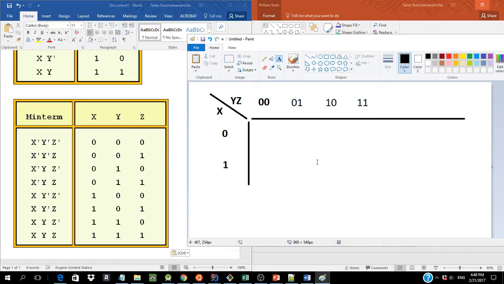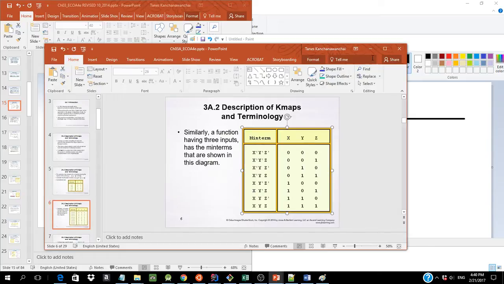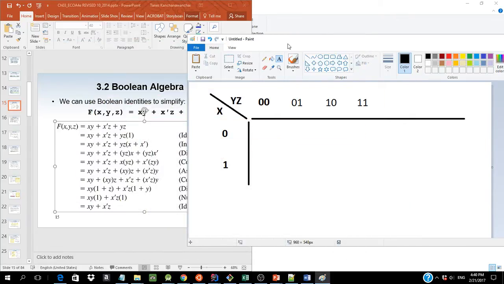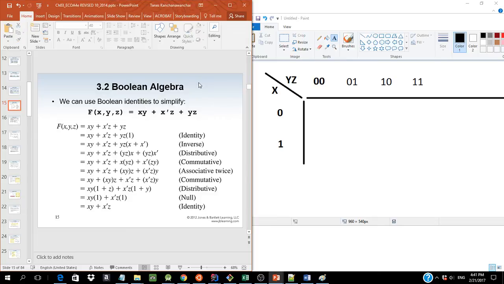Now, once we get this, then we're ready to do the simplified expression right here. All right, guys. What happened to Z here? We have Z, right?